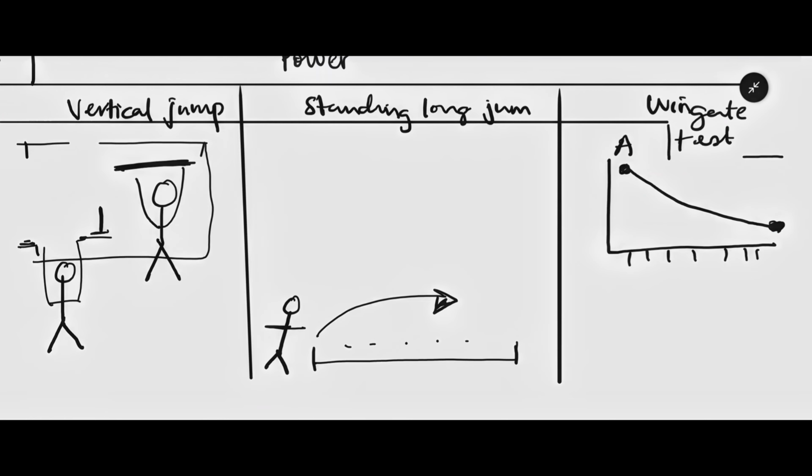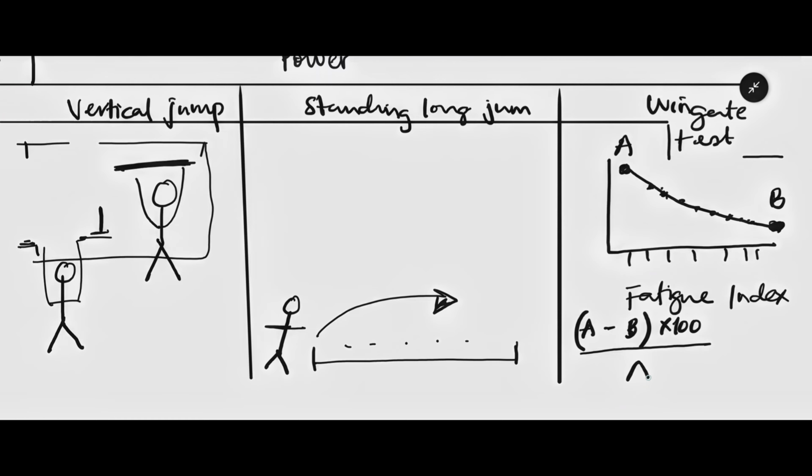Let's say peak power or highest power is A, and then lowest power is B, and then you have the power intervals in between A and B. So the way it's measured is there's something called the fatigue index, right? And the fatigue index is done by taking A, which is the highest power, minus the lowest power B, times 100 divided by the highest power. So that's the outcome of this test, the fatigue index.